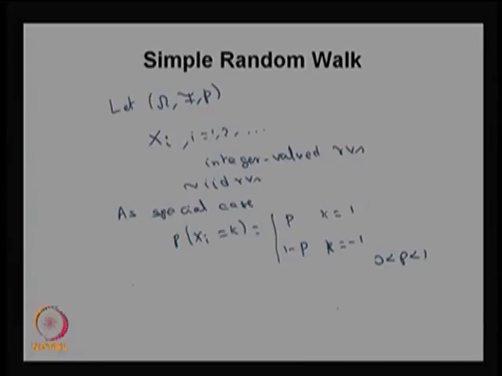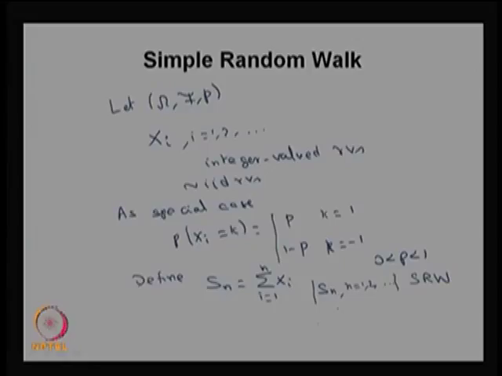Now, I am going to define the random variable Sn, that is nothing but the sum of the first n Xi's. That forms the random variable Sn, and the stochastic process or stochastic sequence Sn for different values of n will form a simple random walk.